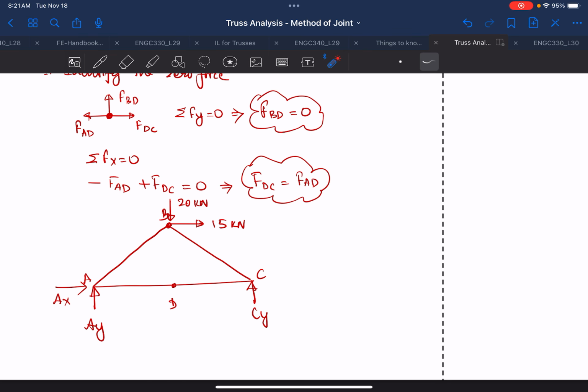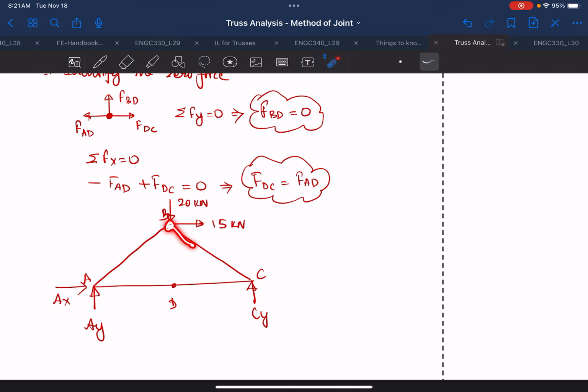Okay, now how do we use the method of joints? Using the method of joints, you need to have not more than two unknown members. In this case, this is unknown, this is unknown, this is unknown, this is unknown, so we cannot use this joint. And in this case we have unknown, unknown, unknown, so we cannot use that joint.